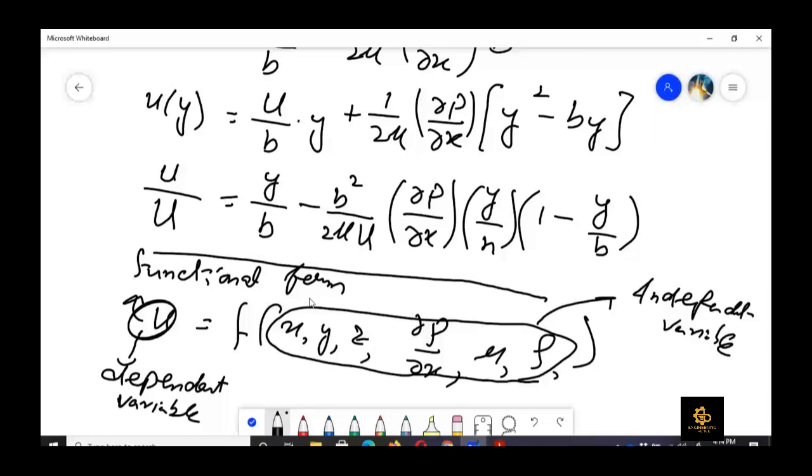If we want to study the variation of u with respect to each independent variable, then we need to change one variable and keep all the others constant. Here we have maybe 1, 2, 3, 4, 5, 6.